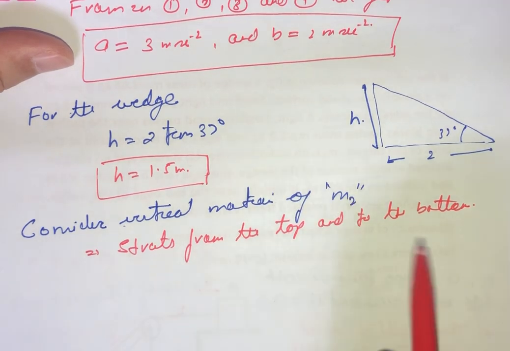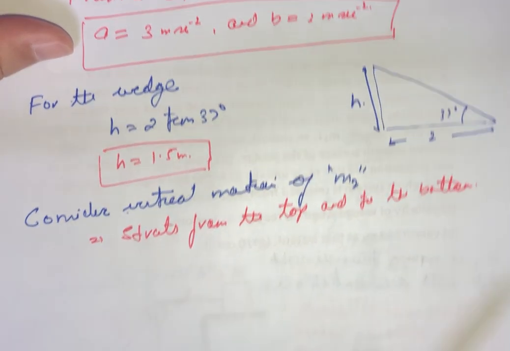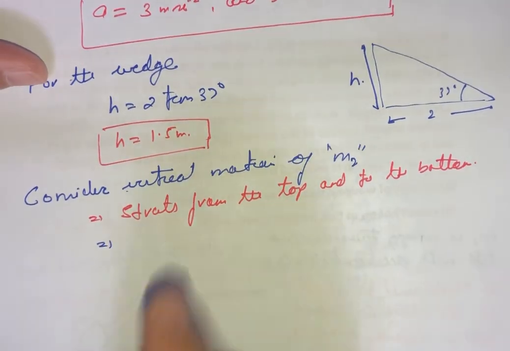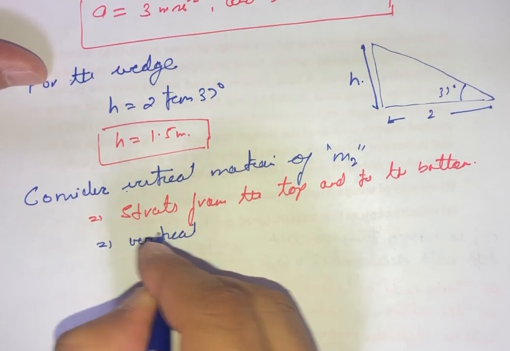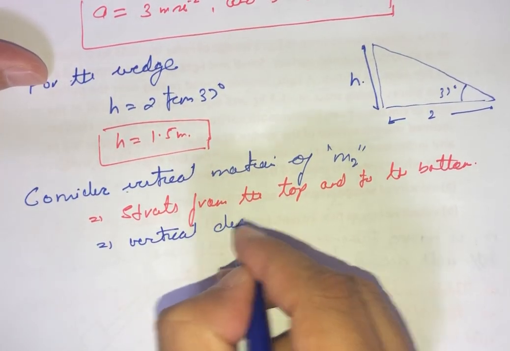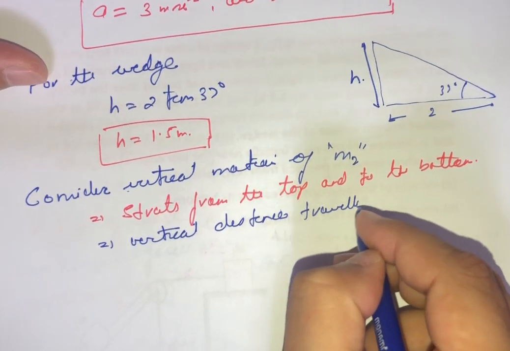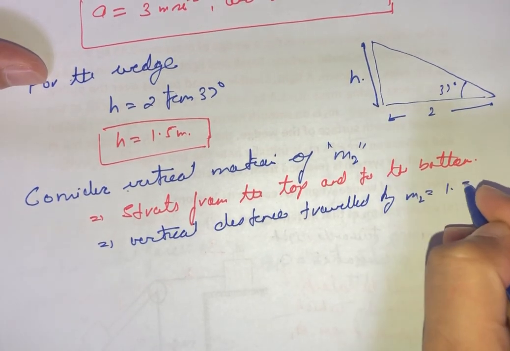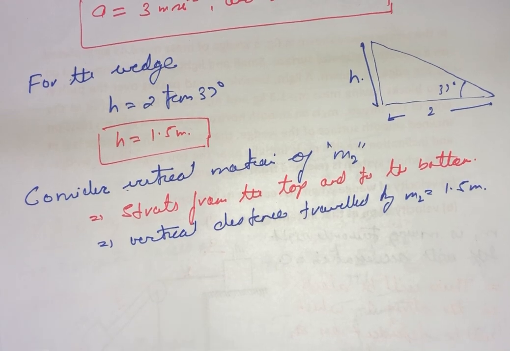So the vertical distance traveled by the mass M2 will be 1.5 meter, and it is also given that everything starts from rest.